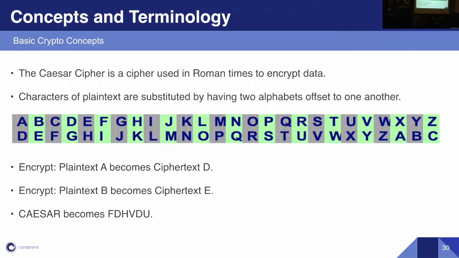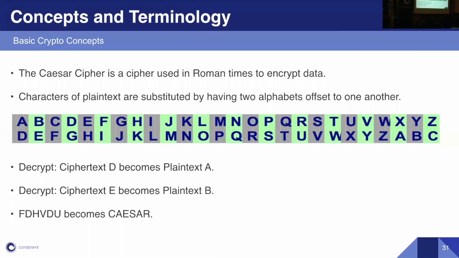And those who have done a history major are saying, hey, they didn't have the same alphabet as we do, which is true. But this is easy for us to handle. So to encrypt, you go from the top line to the bottom line. And so A would become D, B would become E. And to decrypt, you go from the bottom line back up to the top line.